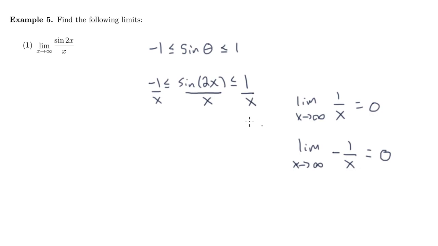So then we can conclude by the squeeze theorem that this middle limit, because this inequality is actually true for all x, that we're looking for, because it's squeezed between two functions that are approaching 0, this middle limit really is zero. And again, that's by the squeeze theorem.